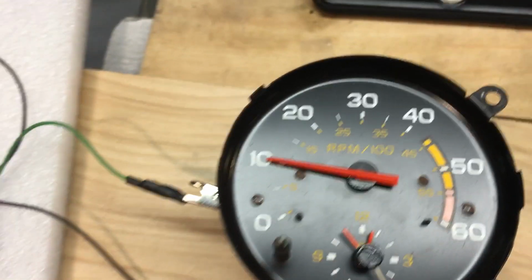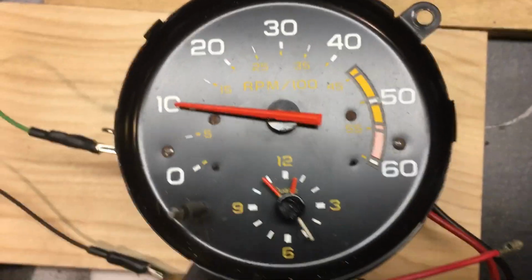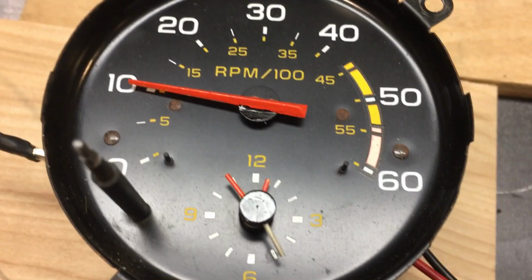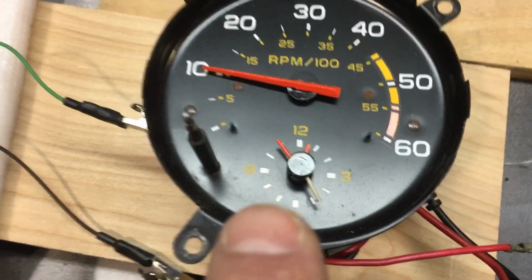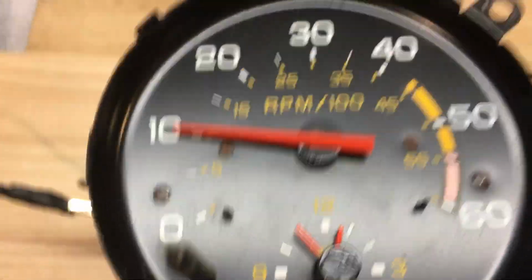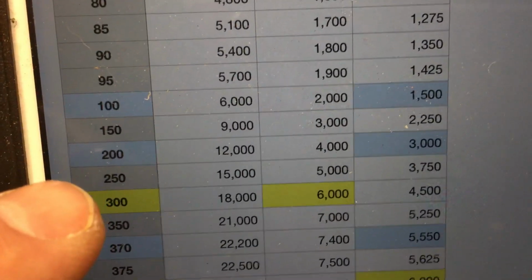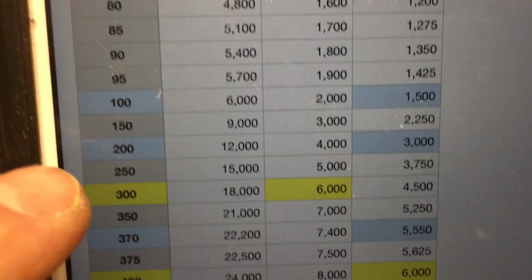So how to test this? We should set it for our red line, and I really don't know what my red line is for this engine. I'm going to pick, say, 5000, as 5000 is where I absolutely want the tachometer to be accurate. If I look at my chart, 5000 is at 250. I could do 300. Let's do 5000.